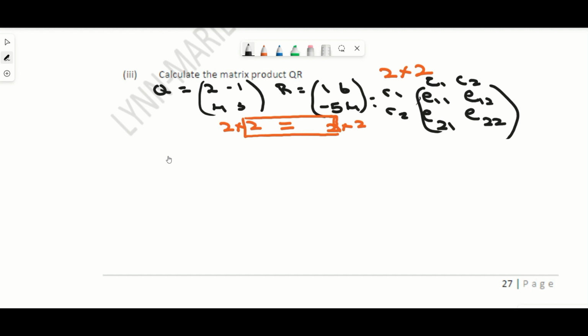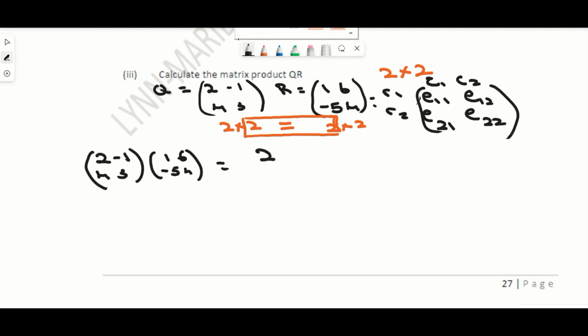So then let's actually multiply it. We have [2, -1; 4, 3] and [1, 6; -5, 4]. Row 1 by column 1: 2, which is in your row, multiplied by 1, plus negative 1 multiplied by negative 5. Then row 1 by column 2: 2 multiplied by 6 plus negative 1 multiplied by 4.